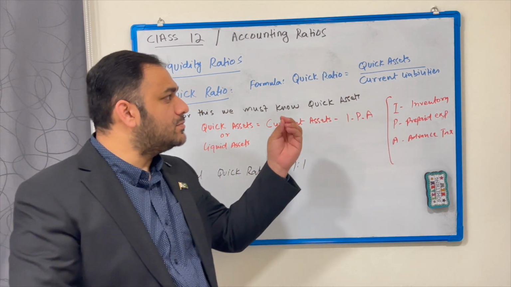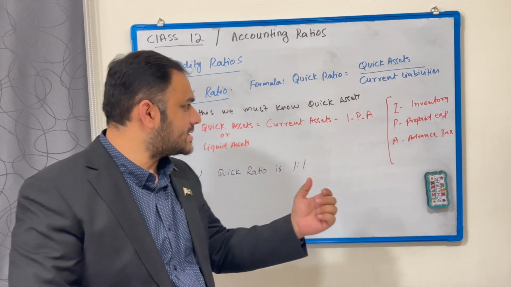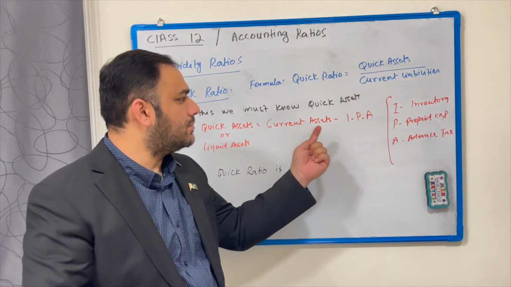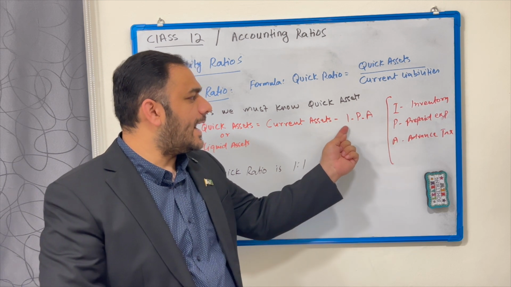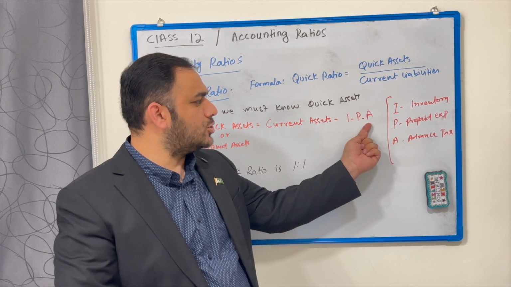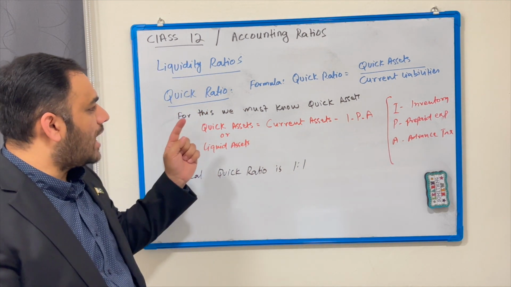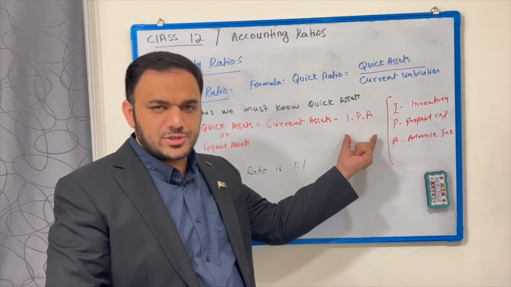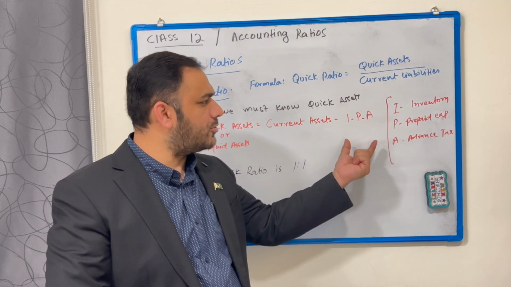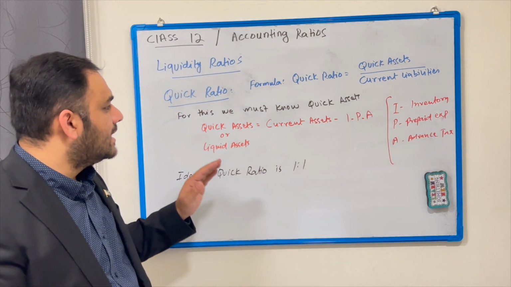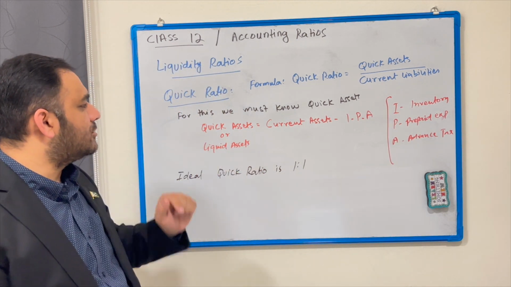For this, we must know what the quick assets are. Quick assets equals current assets minus IPA. I is your inventory, P is your prepaid expenses, and A is your advance tax. So out of your current assets, whatever is given in the question from IPA, inventory, prepaid expenses, or advance taxes, you have to subtract that from current assets, and you will get your quick assets.